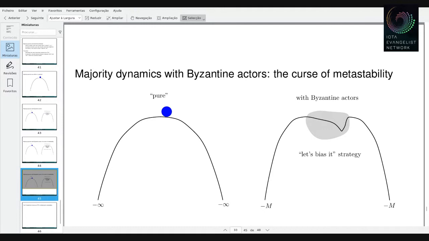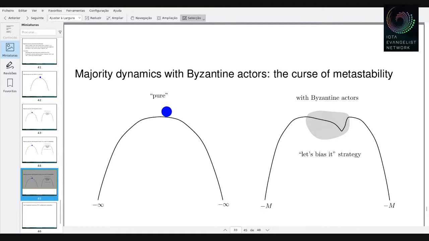And that is what I'm calling the curse of metastability. This is why, in principle, this sort of majority dynamics is not really Byzantine resistant.